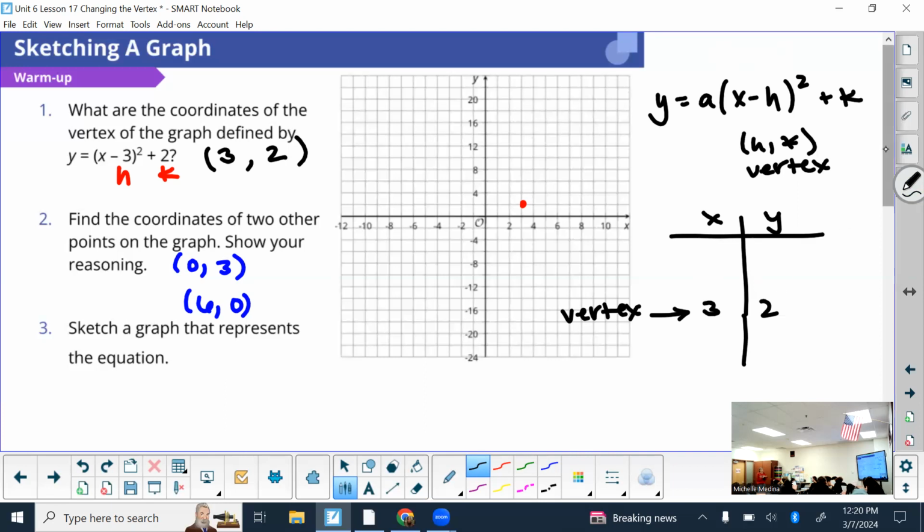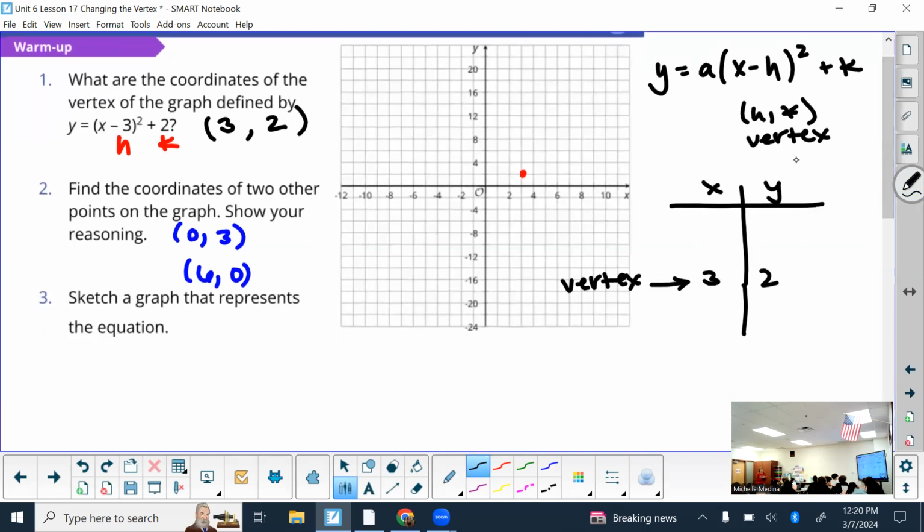So what are some numbers near 3? 4, 2, give me a couple others. I heard 1, and what else? Maybe 1 on this side, 5. You get to pick the x's, and I would pick them based off what my vertex is.